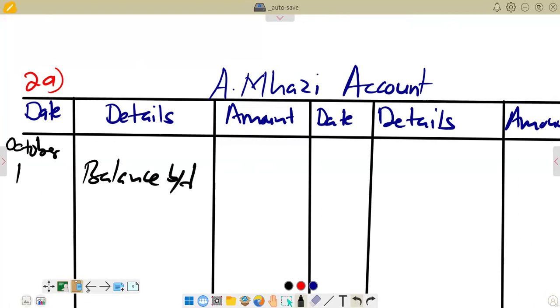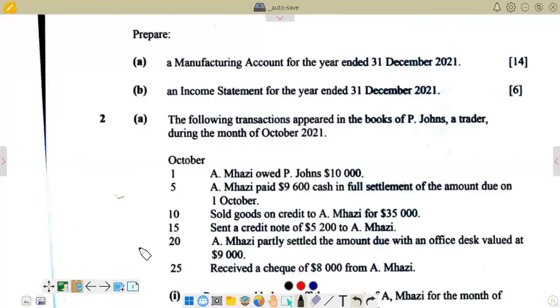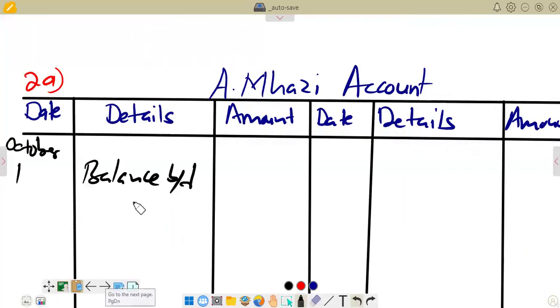Then we cross-check the amount of the balance b/d, which is $10,000. On the amount column, you can indicate your dollars to show the currency you are using. The same applies on the credit side: 10,000. So this is what we have.